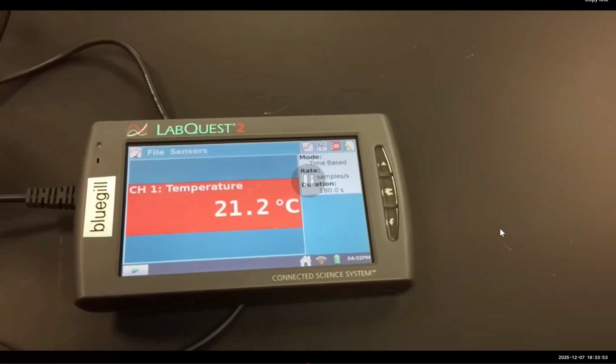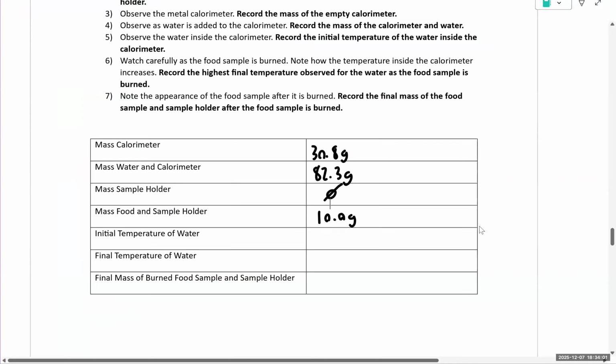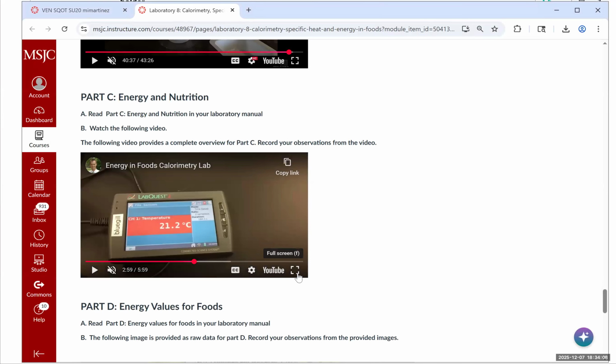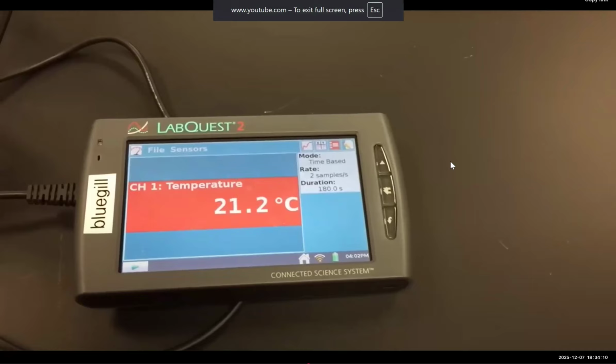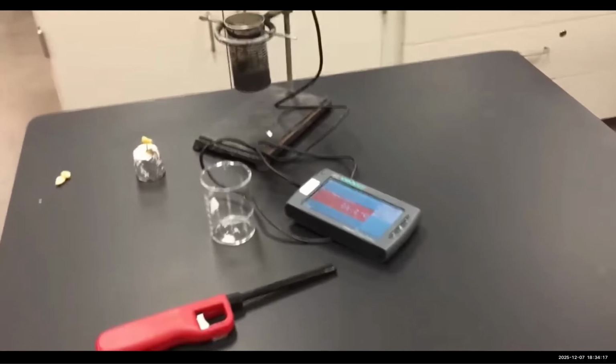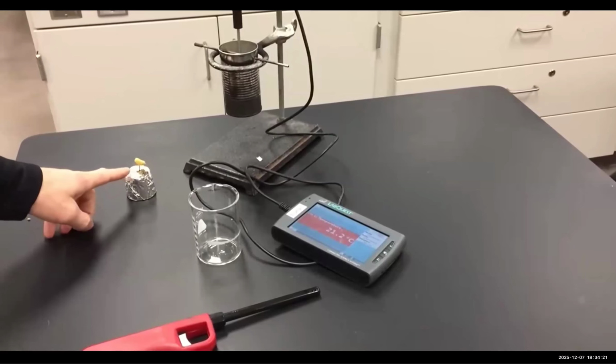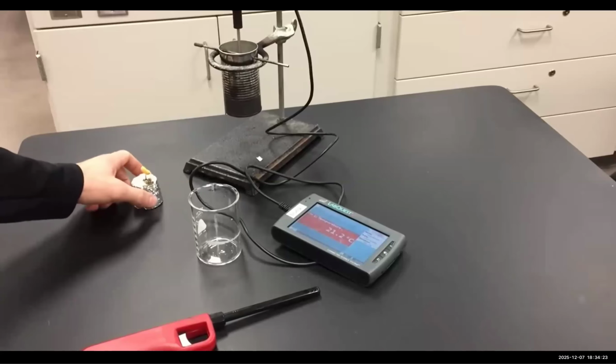And we have our initial temperature reading for the water inside the calorimeter of 21.2 Celsius. Okay, now we're ready to burn the food sample. So the food sample is going to be placed under the calorimeter and then burned.